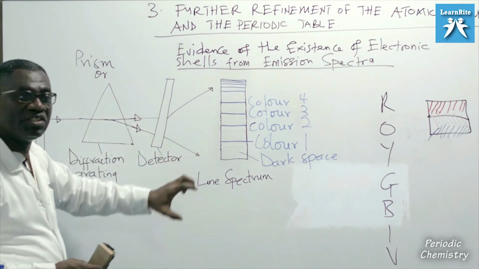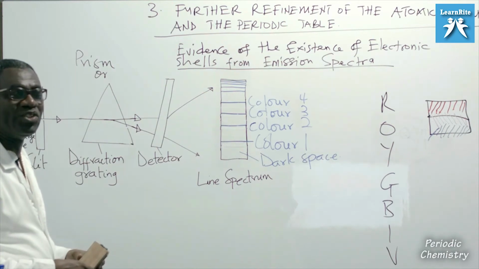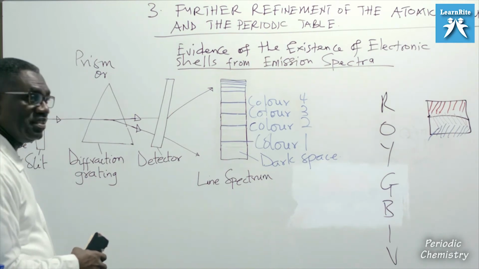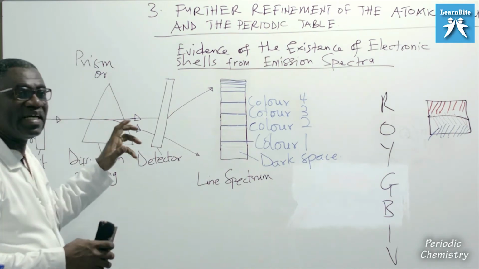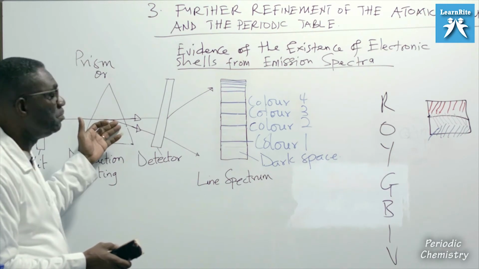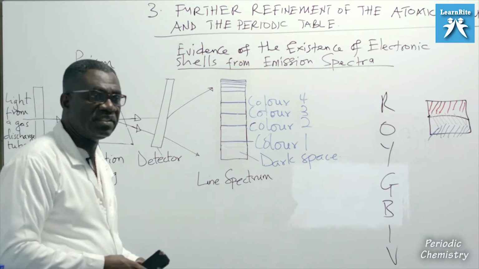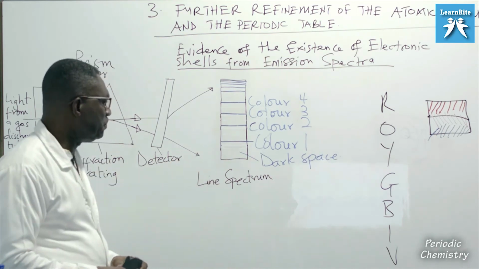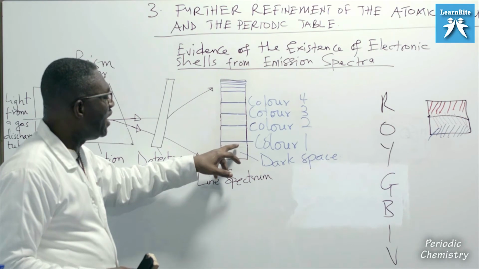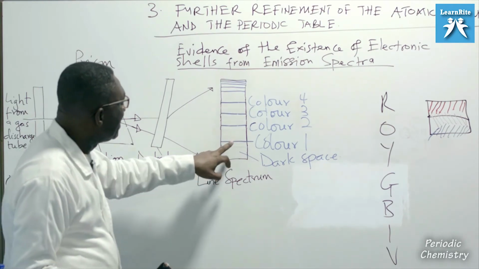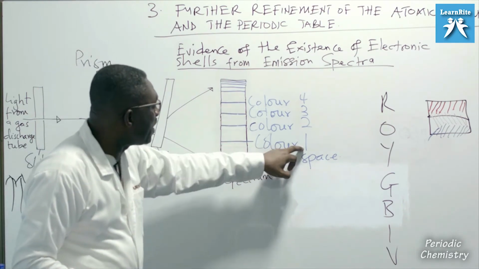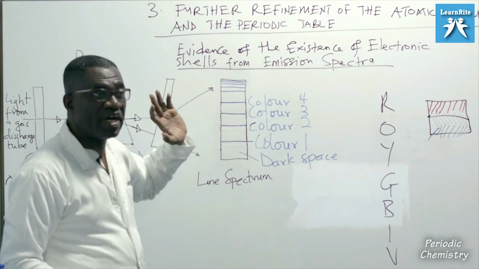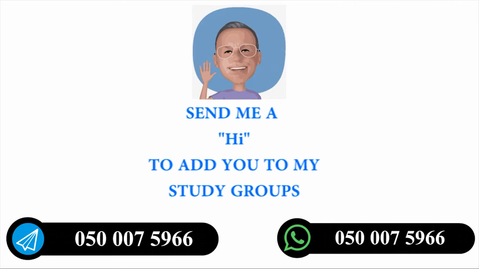This diagram illustrates a line spectrum, and this line spectrum is only obtained when gaseous substances are heated to a high degree, and the light that comes off is thrown on a prism, and the prism shows the different lines with the different colors. Forgive me, I only have these blue colors, but ideally this would be in color, that is why I've labeled them. This is color 1, this is color 2, this is color 3, this is color 4, and then we have a whole range of colors there. It means that we have different colors.